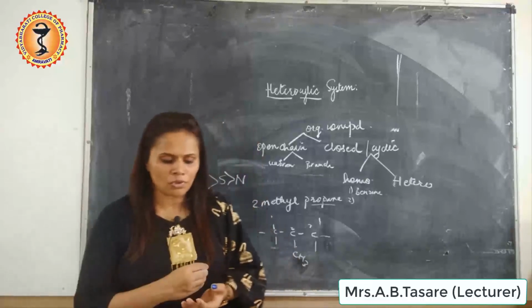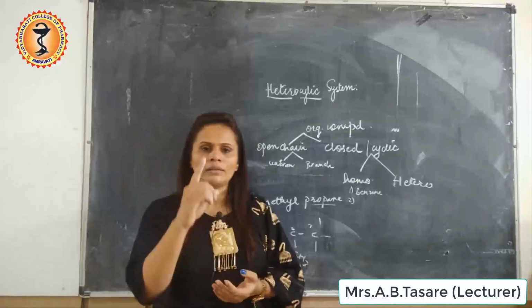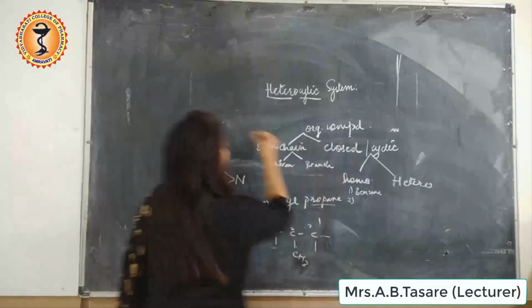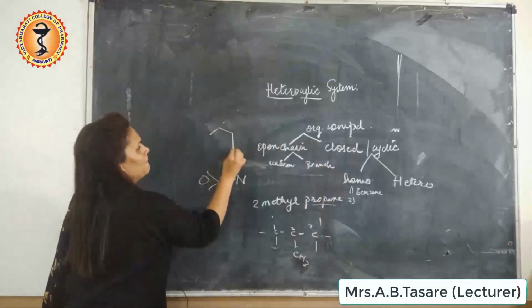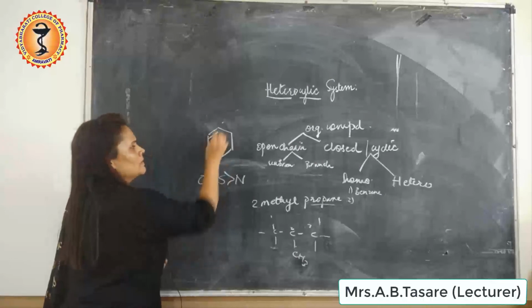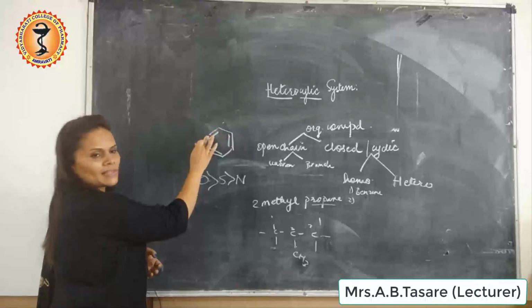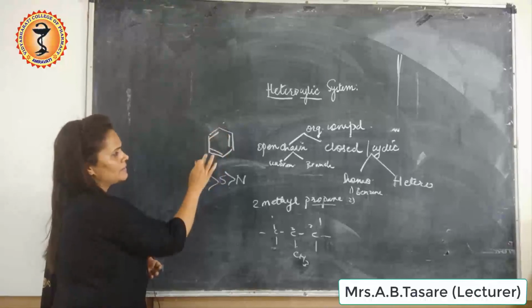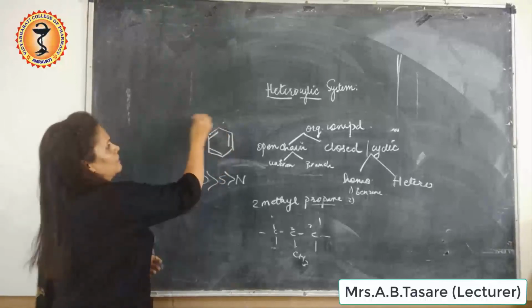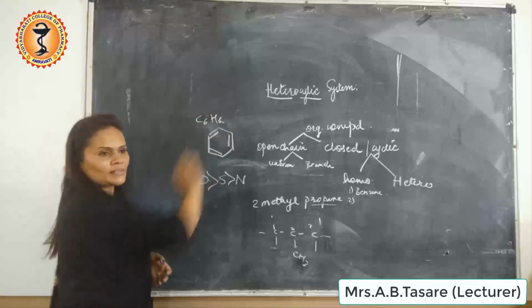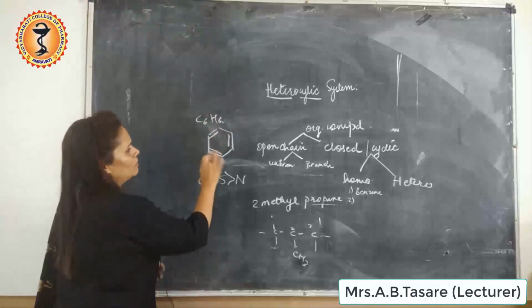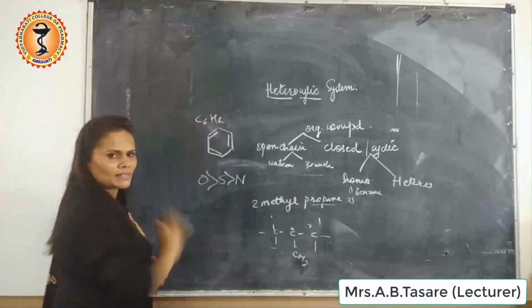Pyridine, students, you all know, has one nitrogen atom. This is your benzene, having only CH, C6H6, 1, 2, 3, 4, 5, 6. You all understand these things.